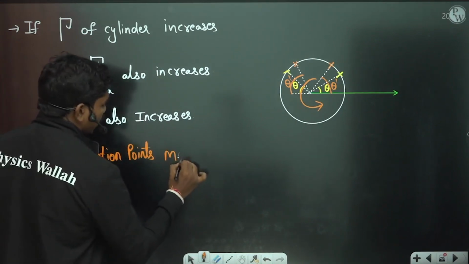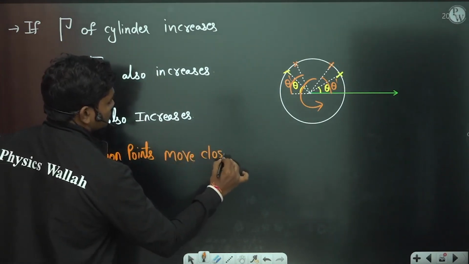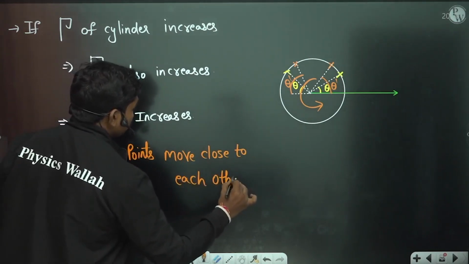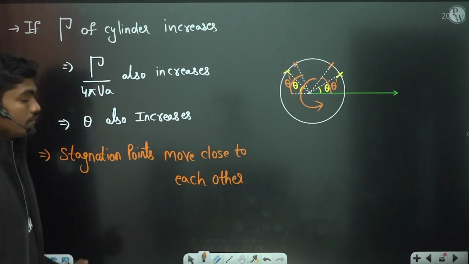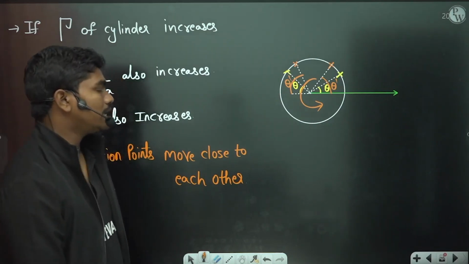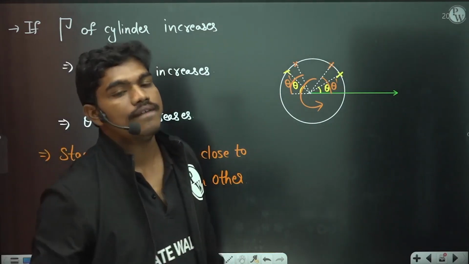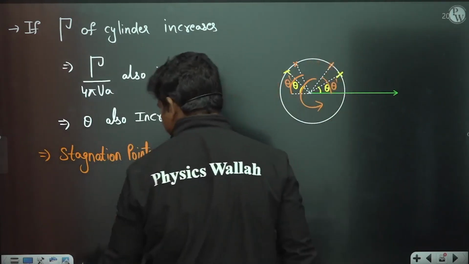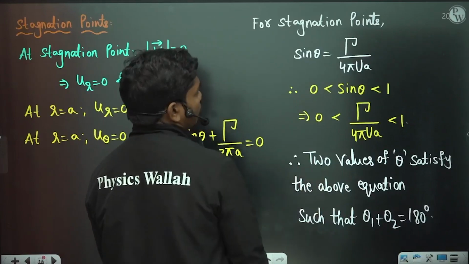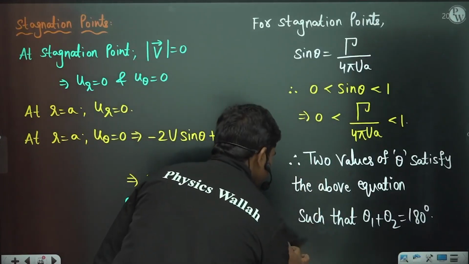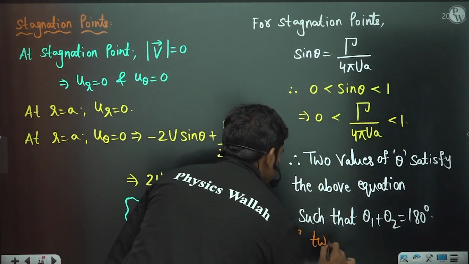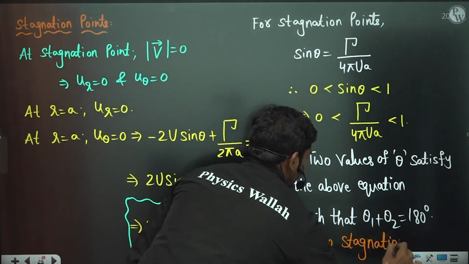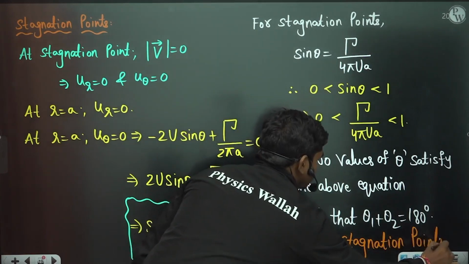Normally it has two values of theta, therefore there exist two stagnation points in general.